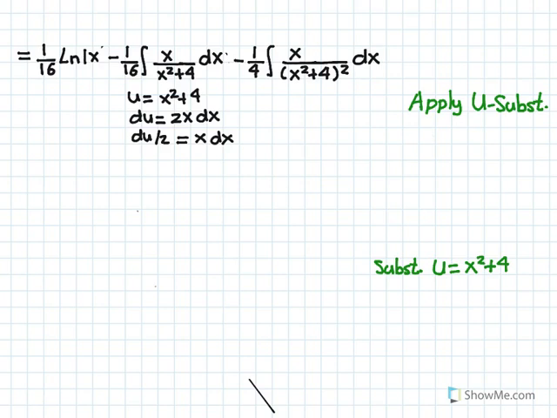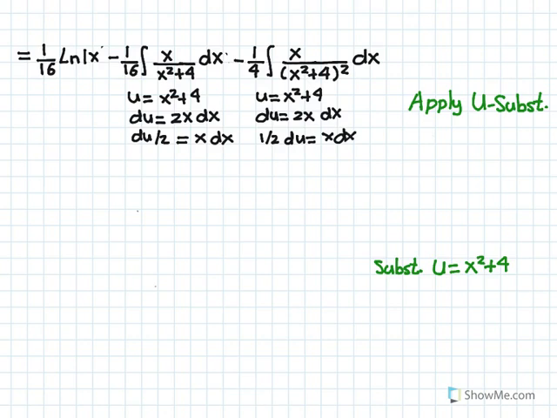And for the third integral, we do exactly the same. We make the same choice of substitution, let u equals x squared plus 4. Differentiate both sides, du is equal to 2x dx. Divide by 2, we get 1/2 du is equal to x dx.